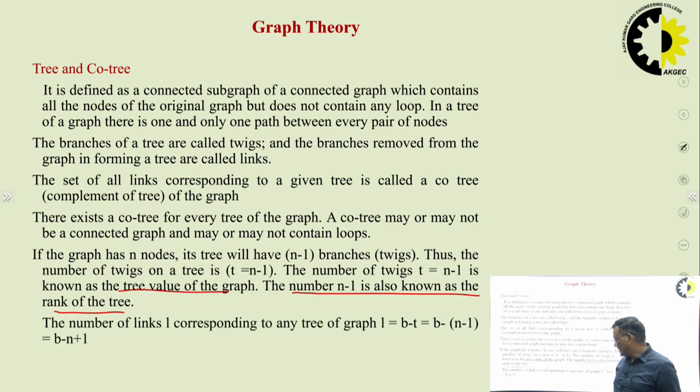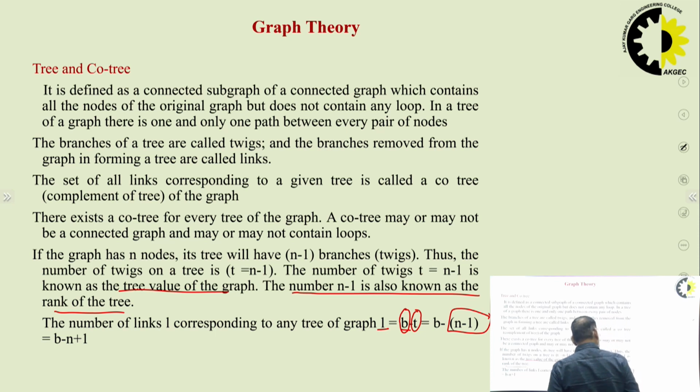The number of links, say L, corresponding to any tree of a graph is L equal to B minus T, where B is the number of branches in the graph and T is the number of twigs, that is, the branches of the tree, which is equal to n minus 1, where n is the number of nodes in the graph.